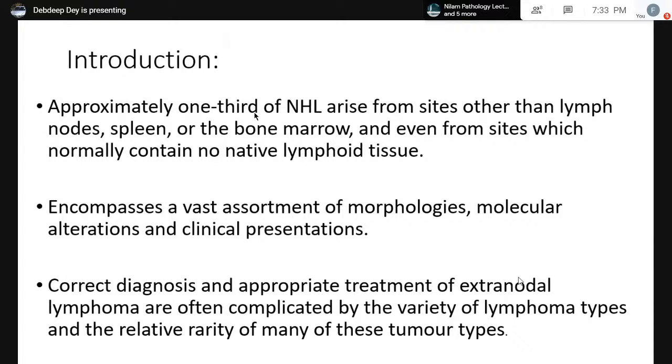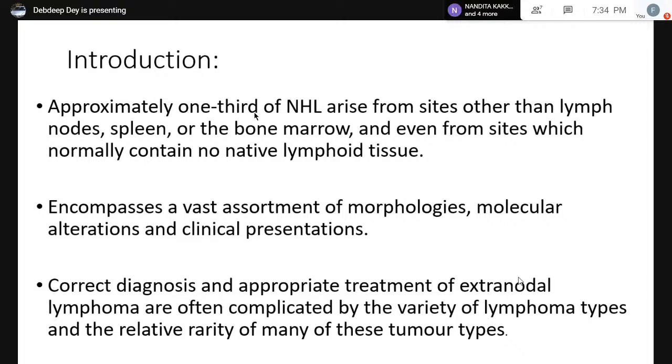Approximately one third of NHL will arise from sites other than the lymph node, spleen, or bone marrow, and even from sites which normally do not contain any native lymphoid tissue. It encompasses a vast assortment of morphologies, molecular alterations, and clinical presentations.